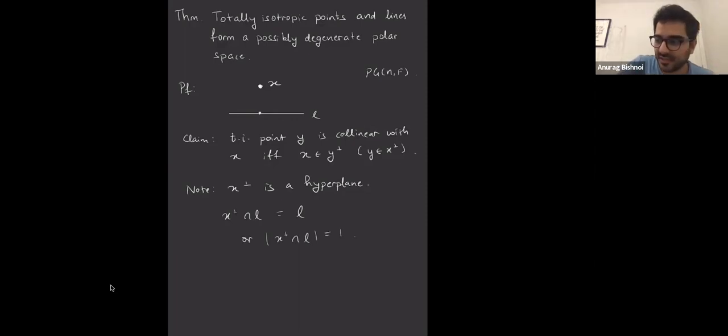Now, for the second axiom, for it to be a non-degenerate plane, you need the condition that it is non-degenerate if and only if for all totally isotropic points x, x perp does not contain all the other totally isotropic points.